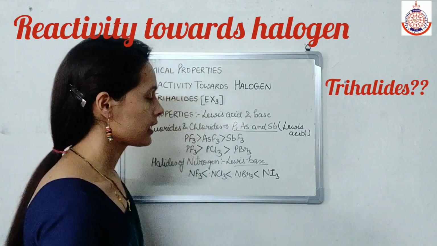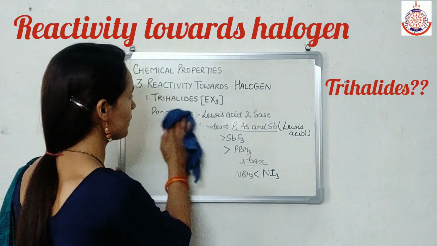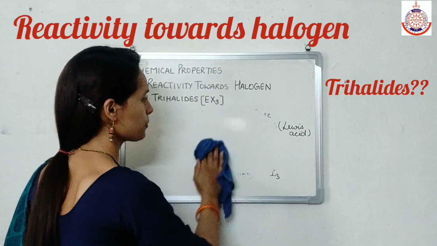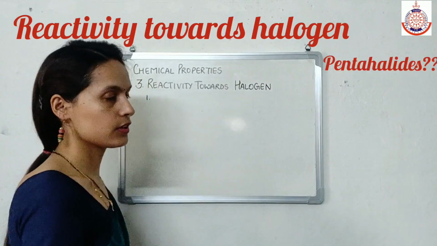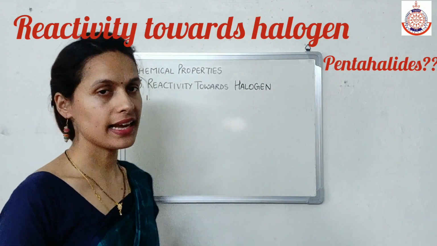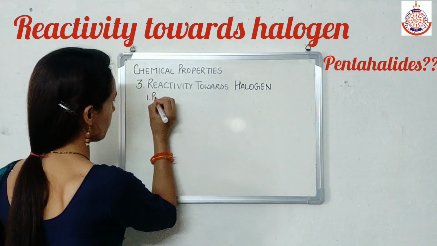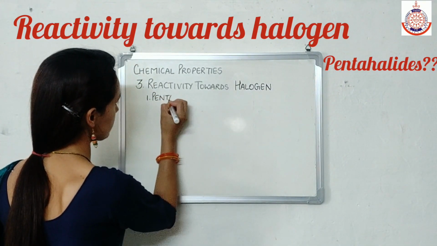Now we'll study the next type of halide formed by the 15th group elements, and those halides are pentahalides.